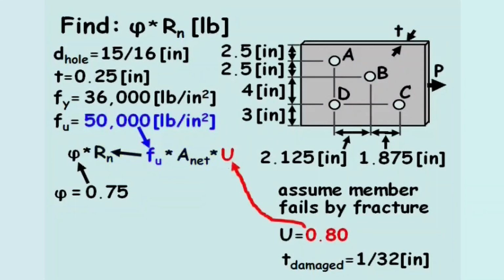The variable U is the reduction coefficient and is given as 0.80. Therefore, we're left to find the area of steel, A net.